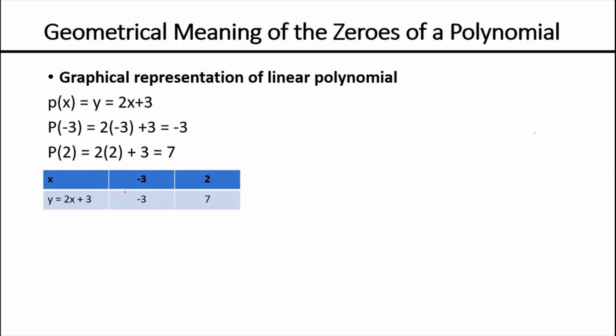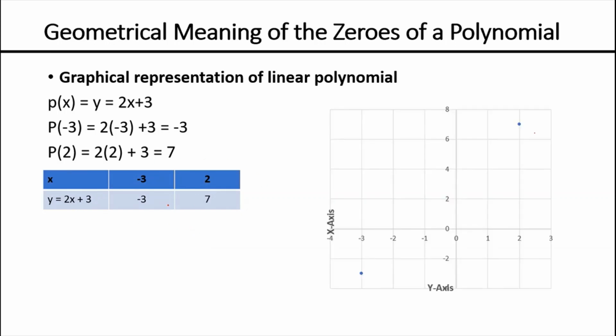So now we will prepare a table. We can see that I have taken two values of x, minus 3 and 2, and at these values of x I get the value of y as minus 3 and 7. Now we will plot both these points on the xy plane. The first point is x = -3 and y = -3.